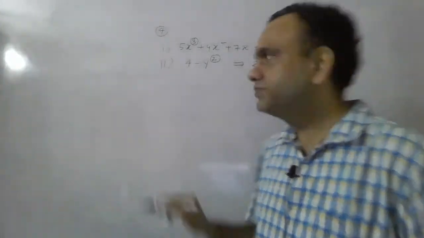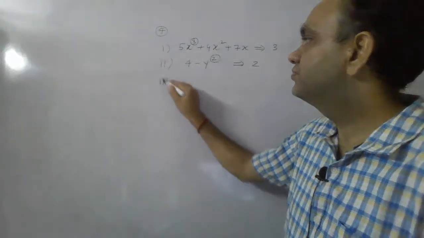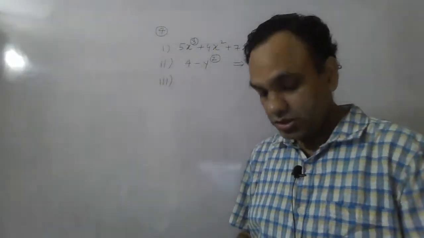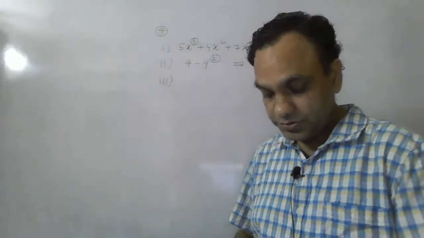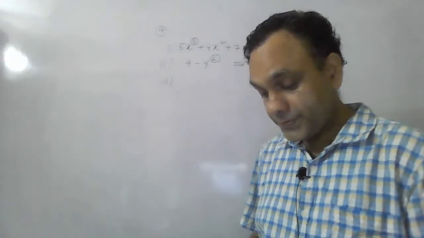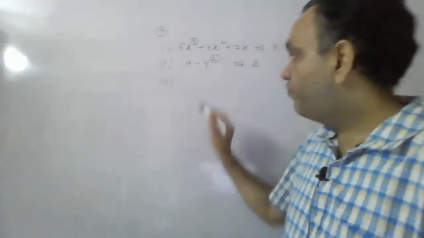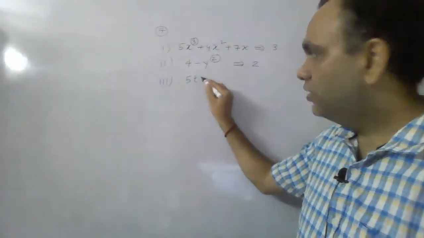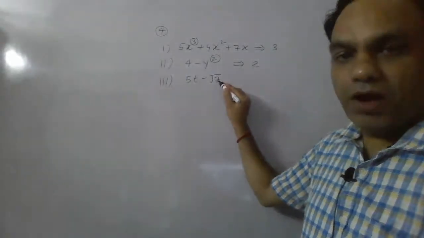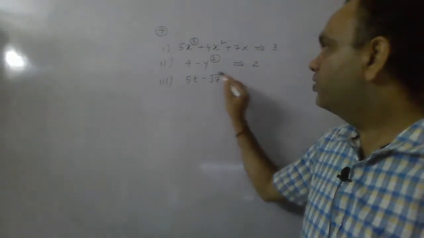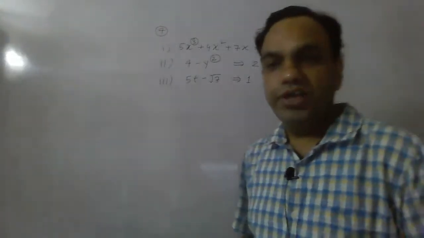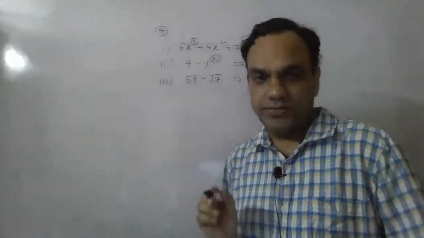Look at the third one. Third one is 5t minus root 7. See here it is a constant, so its power is 0. Here t power is 1, so the highest degree is 1. So the degree of this polynomial is 1.